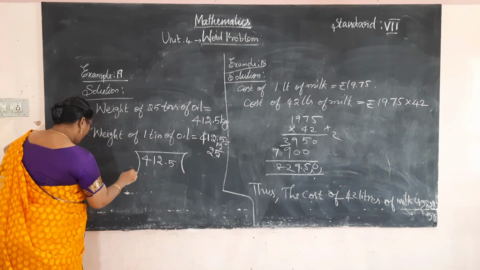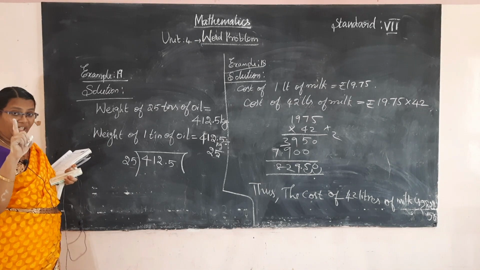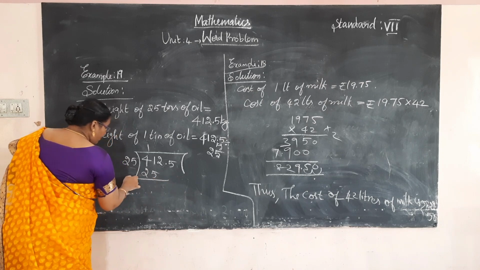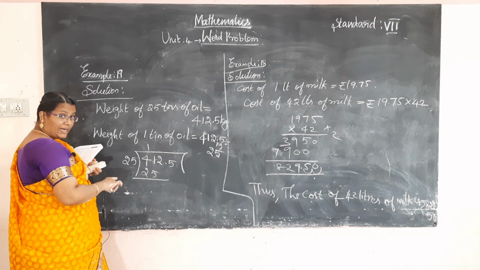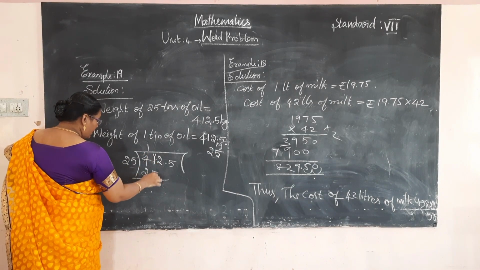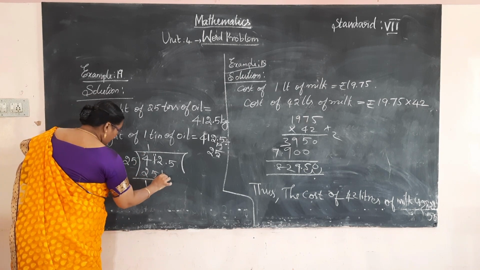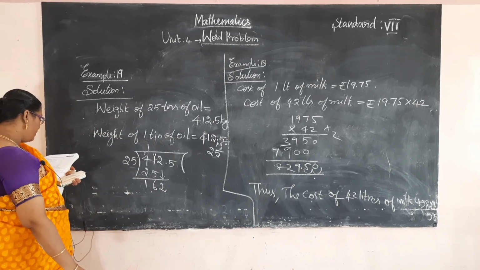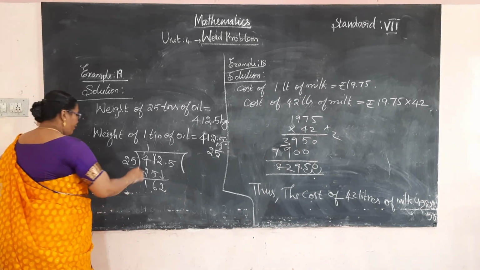How many times is 25 possible in 41? Only 1 time. 1 twenty-five is 25. Subtract. It is not possible to subtract, so borrow from the tens place: 11 minus 5 is 6, 3 minus 2 is 1. Now bring down the next digit, which is 2. How many times is it possible? 6 times 25 is 150.